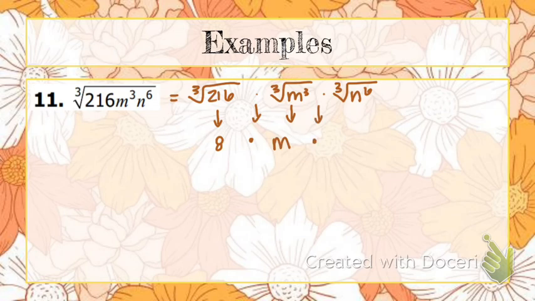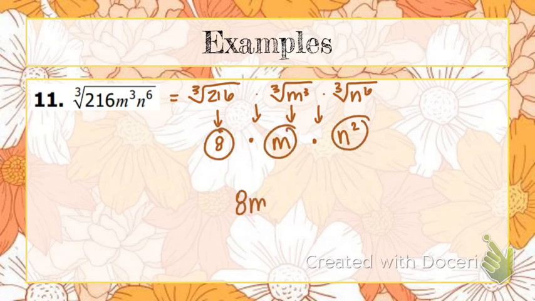So we're going to bring down our next multiplication and then do the cube root of n to the sixth. 6 divided by 3 is an even 2. So we just get n squared. So this is actually a perfect cube, and it equals these things multiplied together. 8mn squared.